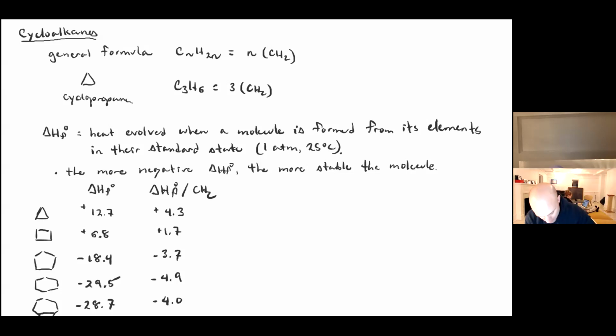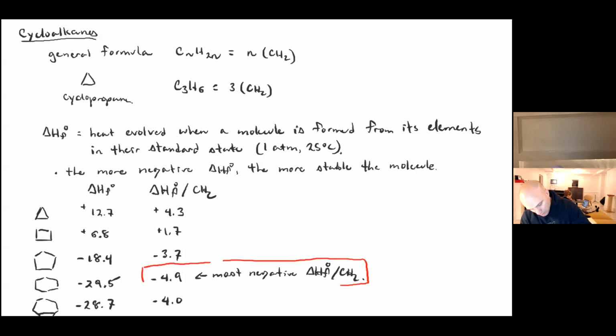So this is the most stable cycloalkane of the ones that I've drawn. Okay, and so we should keep this minus 4.9 kcals per mole in mind for what I'm going to show you next.